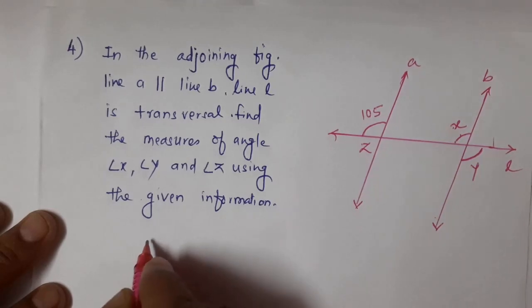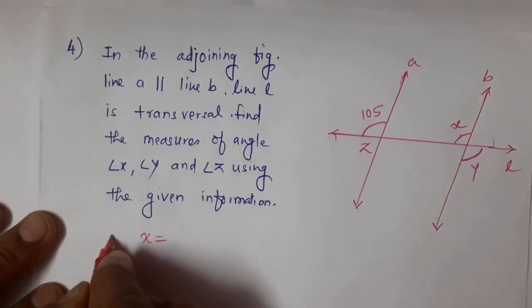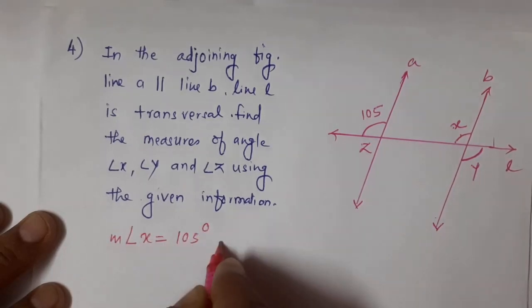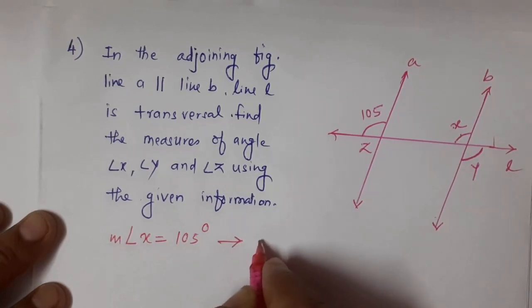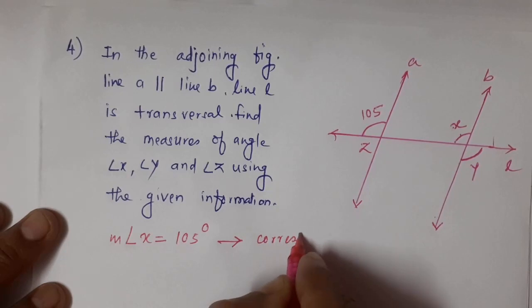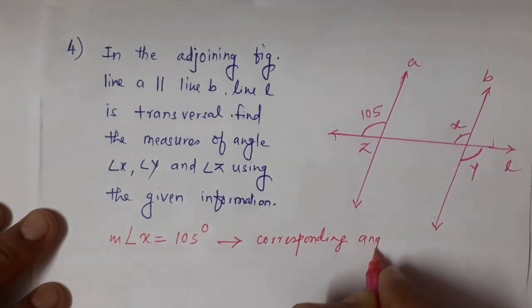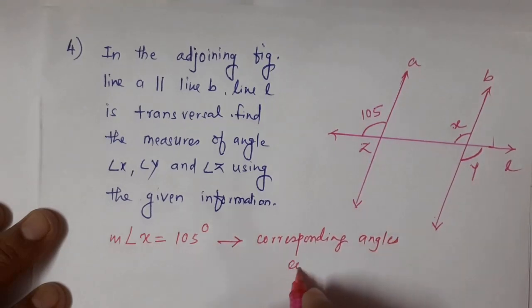So I am writing the measure of angle X is equal to 105 degrees. Why? Because they are corresponding angles, and corresponding angles are always congruent.